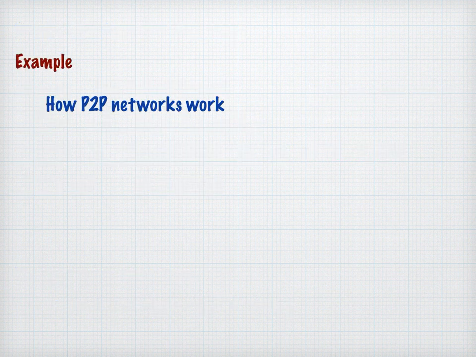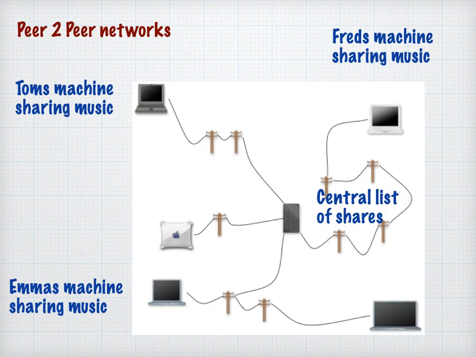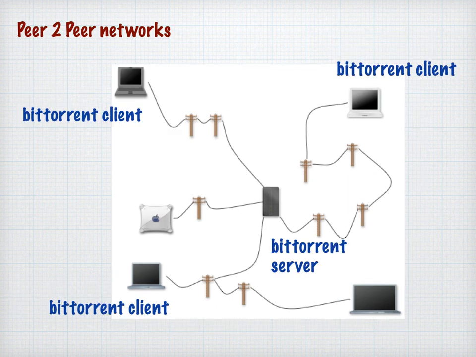Peer-to-peer networks are one of the most recent innovations over the internet, really. The way that peer-to-peer networks work is that we have a whole bunch of people sharing their music, and you have a central database containing information about who's sharing which music. One of the most common peer-to-peer networks currently is BitTorrent. So you have all these BitTorrent clients and you have a BitTorrent server.